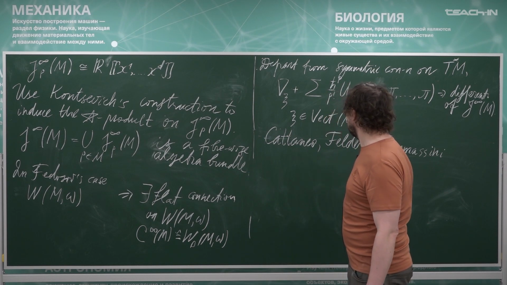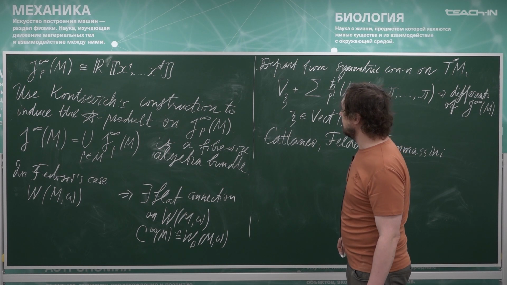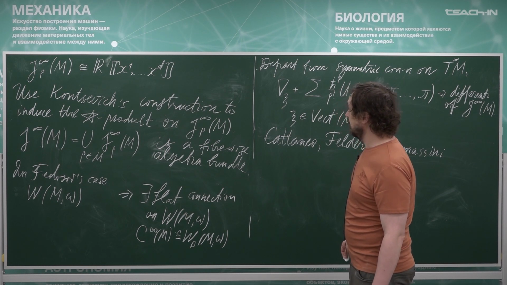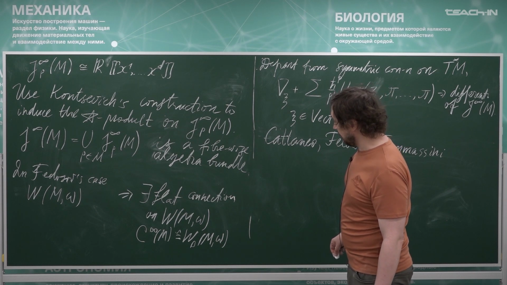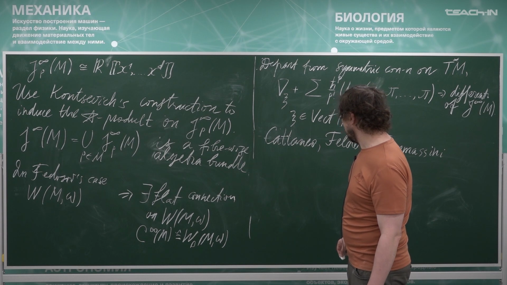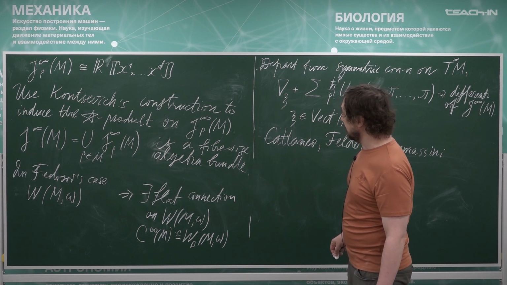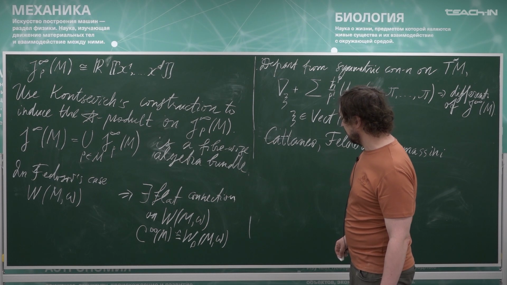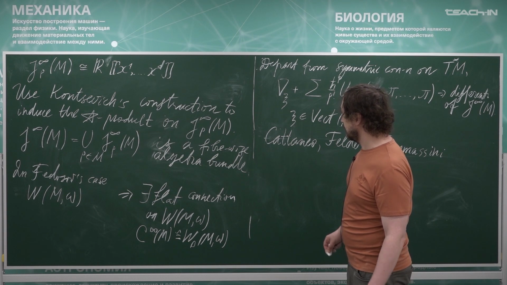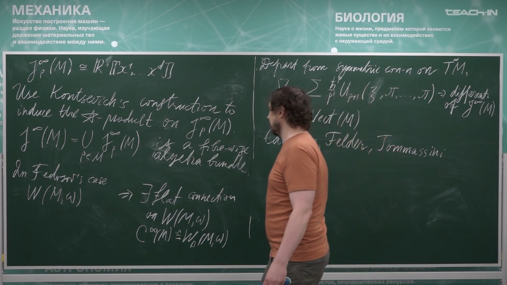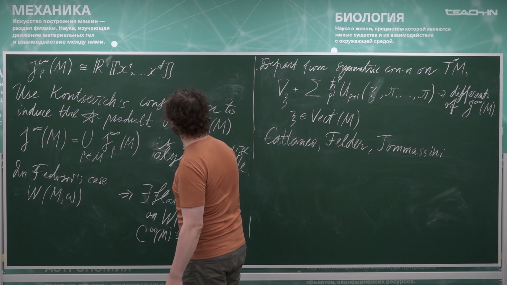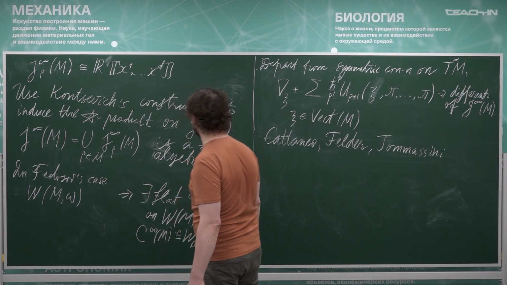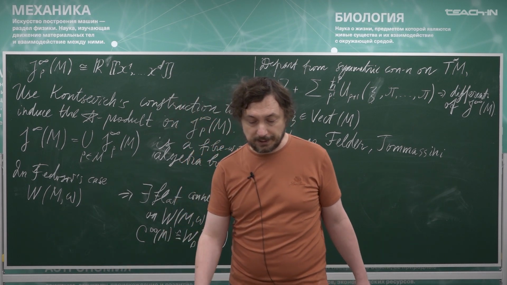So the authors who followed Kontsevich made this globalization procedure much less dependent on the choice of formality morphism, and they also used Fedosov's construction, and that allowed them to obtain some results as to formality with certain restrictions. Like you can restrict the set of vector fields, the set of polyvector fields, and so on. But okay, let's go further.